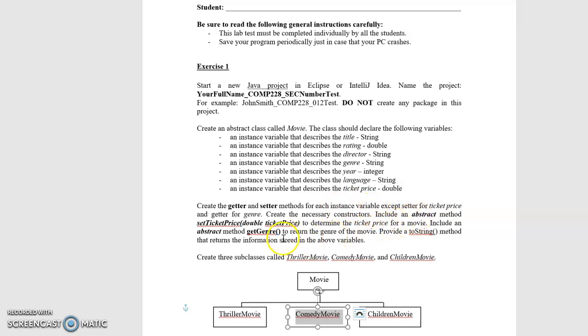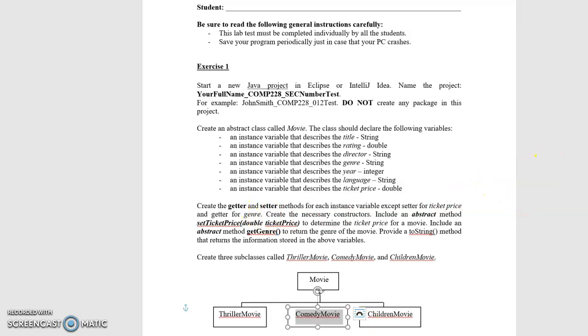For ticket price, we shouldn't implement the setter, and for genre, the getter.